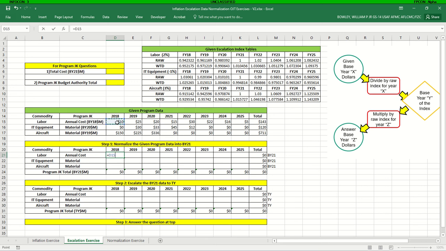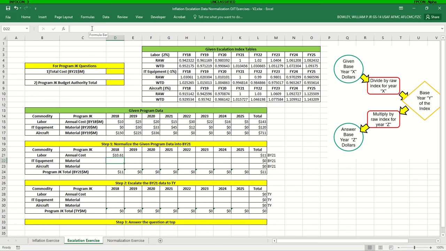So again, we're going to divide by the raw index for this specific commodity, which is labor, in FY18. And since we're converting from a base year to a base year, we want to lock in that cell reference so that it doesn't drag with the formula.